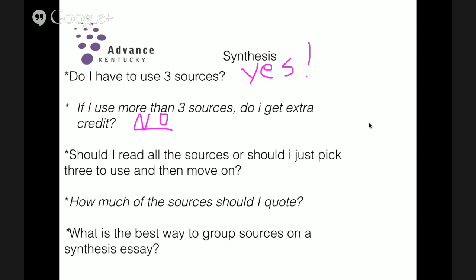How much of the sources should I quote? And what is the best way to group sources on a synthesis essay? That's actually a pretty good question about how much I should quote. So I'm going to show you a really quick way to think about how much you should put in there that you're quoting from the sources.